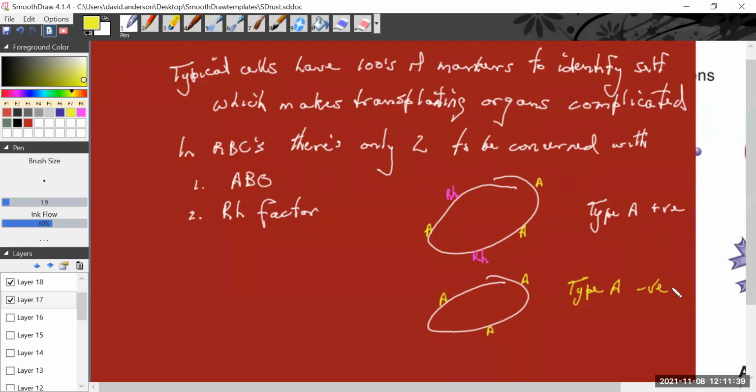So if she's not treated to inhibit the immune system from forming those antibodies, or if the baby isn't treated in the second pregnancy, there's the possibility that mom's Rh antibodies will attack the baby's Rh positive red blood cells.